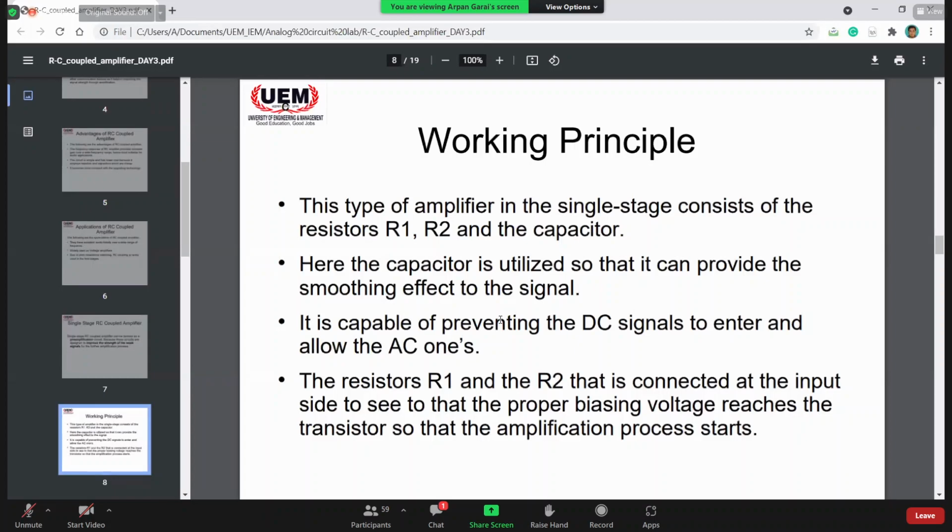It is capable of preventing the DC signals from entering and allows the AC ones. When you build the circuit, you will understand that. The resistors R1 and R2 connected to the input side ensure the proper biasing voltage reaches the transistor so that the amplification process starts.